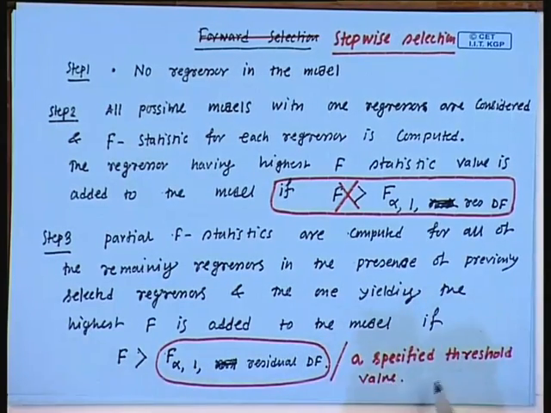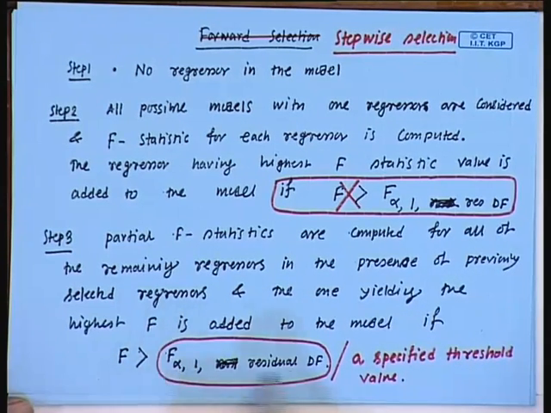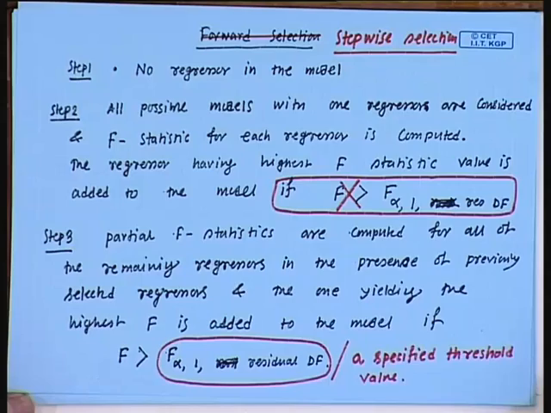This value might be, for example, 5. So, instead of finding the tabulated value every time, we specify some threshold value. If the observed F is greater than the specified threshold value, then we add the corresponding regressor variable to the model. So, the first two steps are the same.